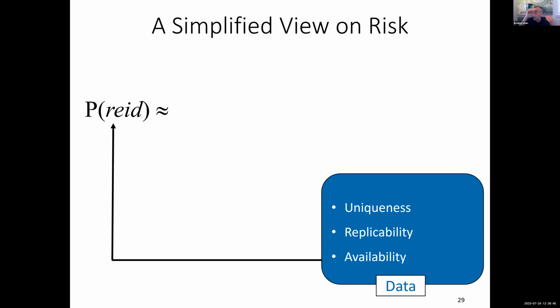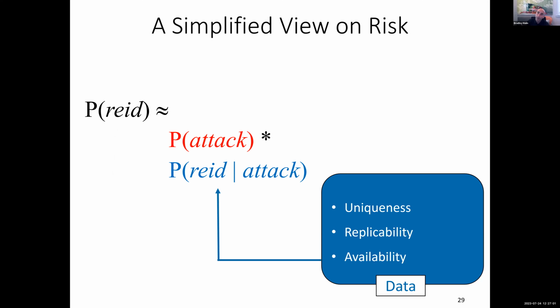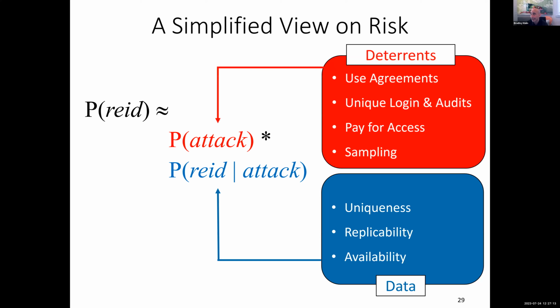Oftentimes when people are doing risk analysis with privacy, they focus on this and they say, as long as you address these issues, you're good. But in reality, that's a very myopic view of privacy, because it's more of a focus on what's the chance that somebody's going to be re-identified, given that the attack was even committed in the first place. And it neglects the prior probability of what's the chance that somebody runs an attack.